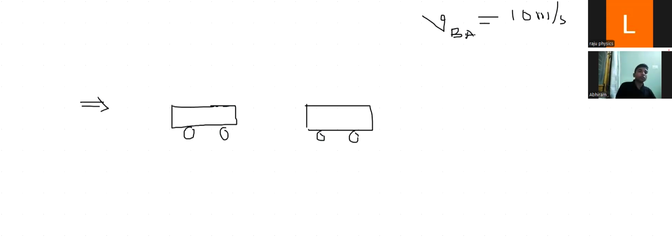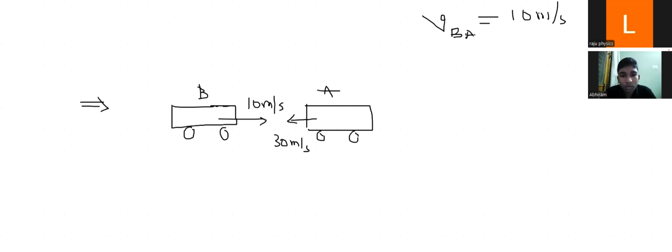For example, this is car A and this is car B. Car A is moving with a speed of 30 meters per second, and car B is moving with a speed of 10 meters per second. What is the relative velocity?